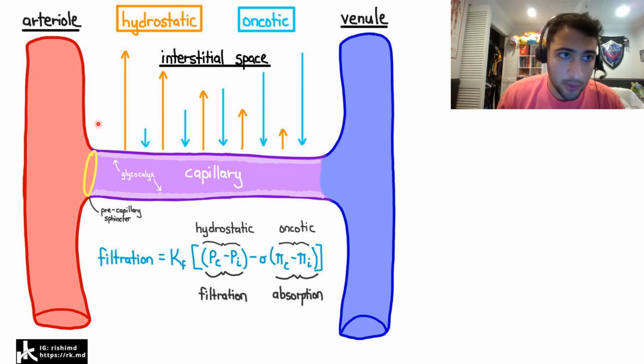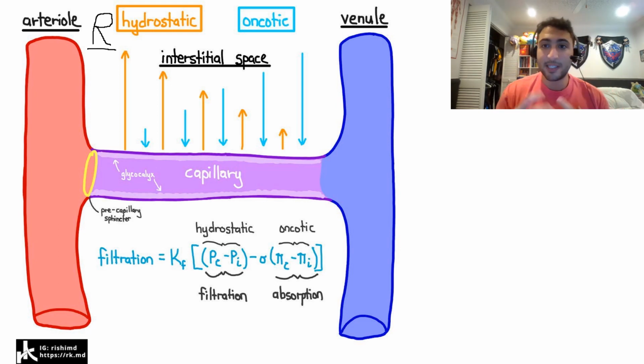So arterioles are resistance vessels, okay? The arterioles are resistance vessels. They're responsible for generating, that resistance generates the perfusion pressure in a sense. Think of it like when electricity flows through a wire and it flows through a resistor or a high resistance wire, it generates a lot of heat.